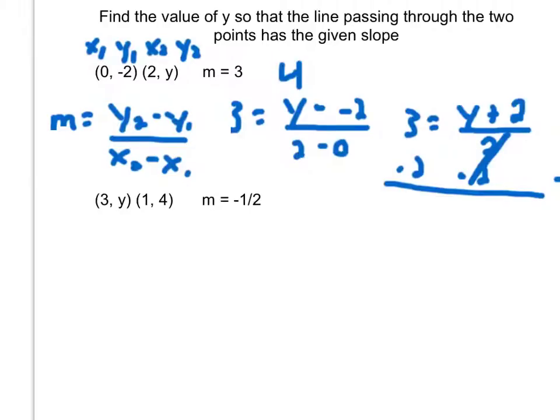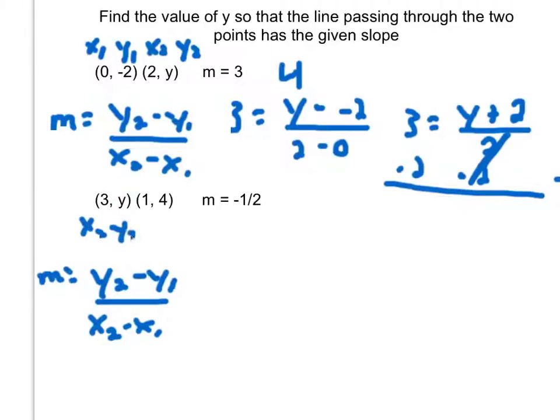So again, same thing, we're going to put m equals y2 minus y1 over x2 minus x1 first. I'm going to pick my y points. Again, I want my y I don't know to be y2, so this is going to be x2 and y2 this time. And these are x1 and y1. So let's plug those in.